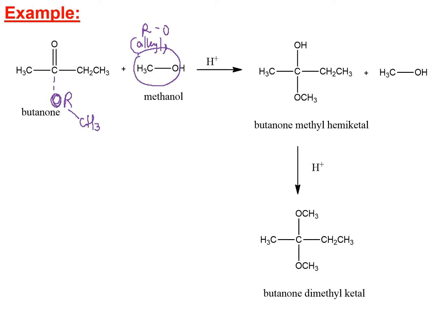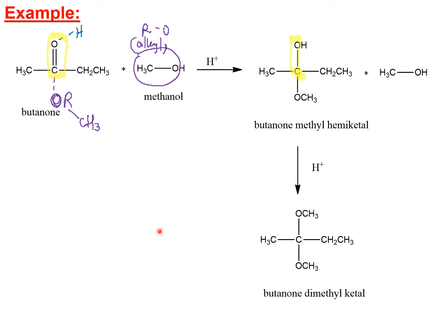Dekat oksigen ni kita akan just add hydrogen atom. Okay, so that's why bila dia buat nucleophilic addition with this alcohol, this type of alcohol which is methanol in the presence of H+, therefore you can see daripada C double bond O, dia akan jadi C single bond O.